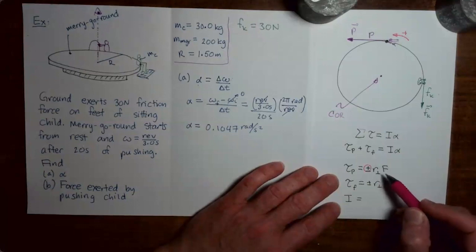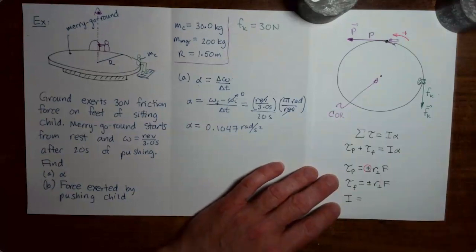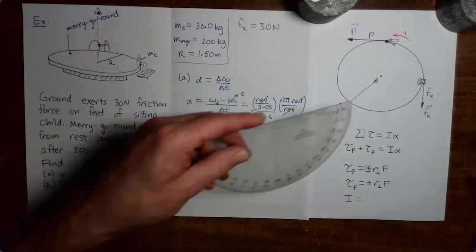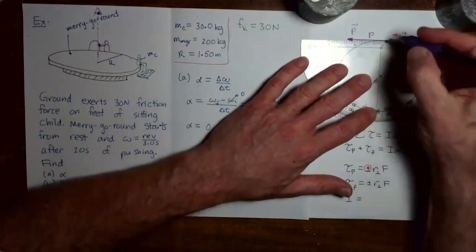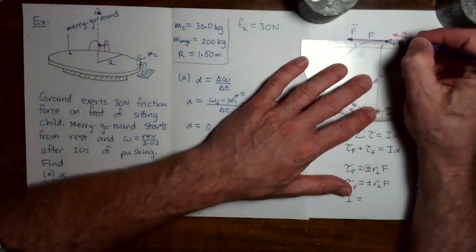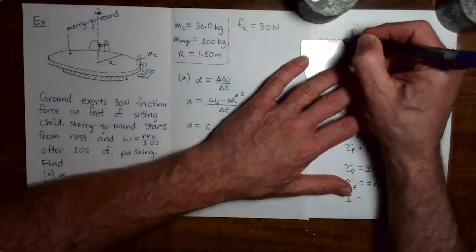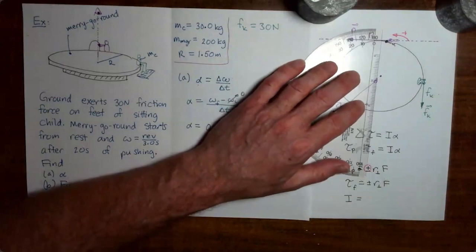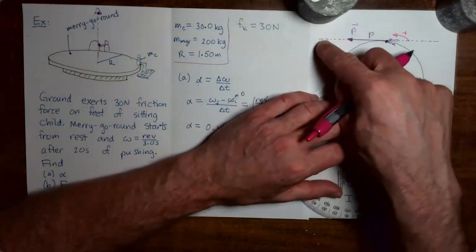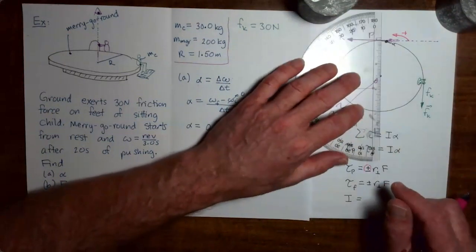Now we need to find the moment arm. Remember that, generally speaking, we find the moment arm by drawing an infinite line through the force vector and then dropping a perpendicular from the center of rotation to the line of force. So here's my infinite line through that push force.